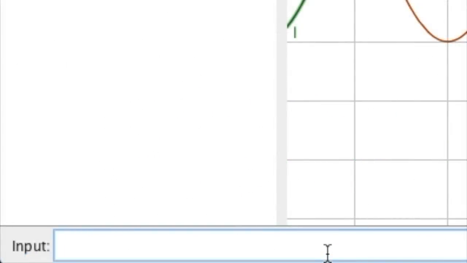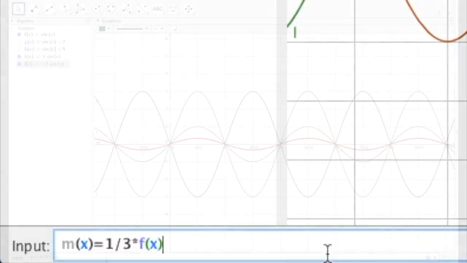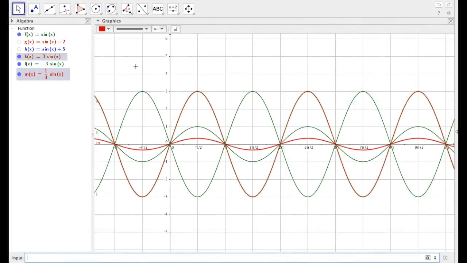Lastly, for this type, let's take a look at m of x. m of x is 1/3, so 1 divided by 3, times f of x. What do you think is going to be different about that 1/3? Yeah, so this 1 is now only at a third. All the y values get multiplied by 1/3, so that amplitude shrinks in to just 1/3.